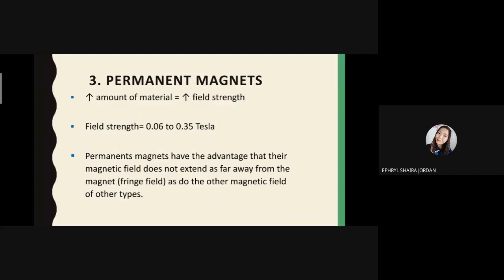So, permanent magnets have the advantage that their magnetic field does not extend as far away from the magnet, or the fringe field, so take note of the term fringe field, as do the magnetic field of other types. So, isa din to sa mga advantage daw ng permanent magnet.